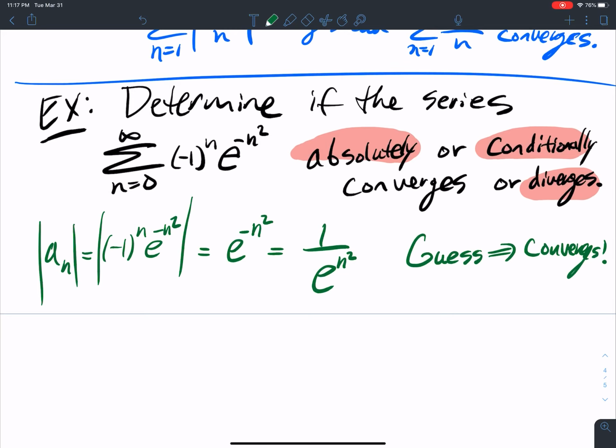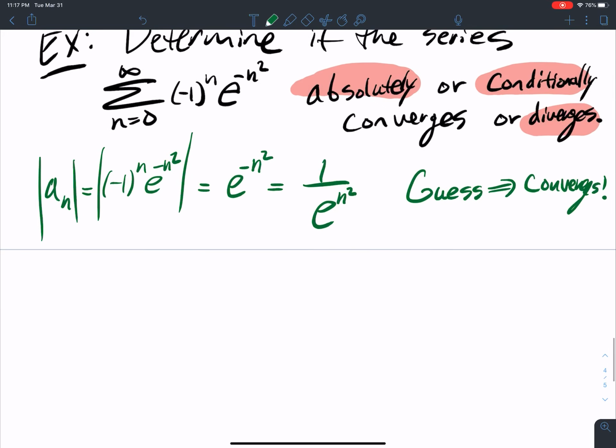So what do I want to do to show that this thing converges? Because of this n squared here, it's kind of messing up the geometric, so I can't compare with a geometric. I mean, maybe I could. I don't know. Maybe you could.